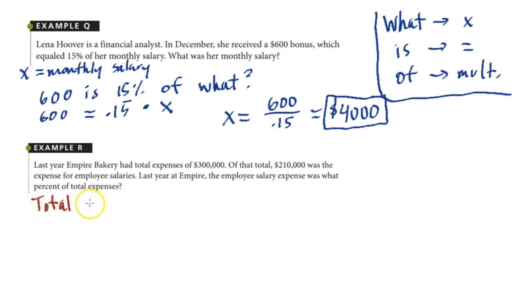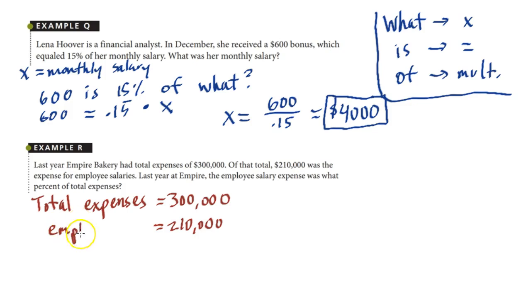Total expenses is equal to $300,000, and 210,000 is equal to the employee salaries. I'll put employee dollars to abbreviate it.